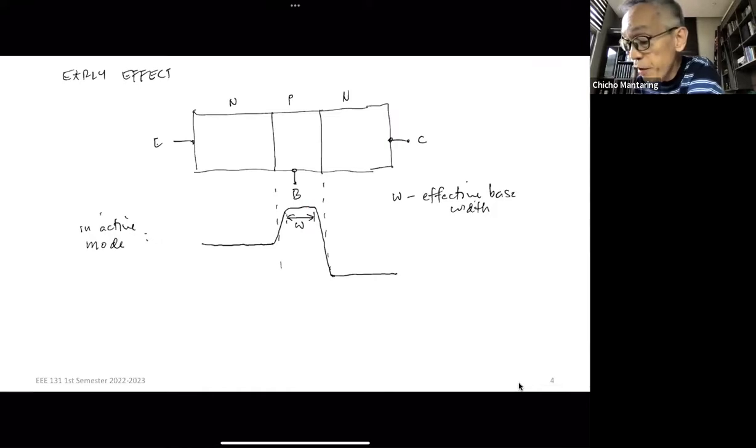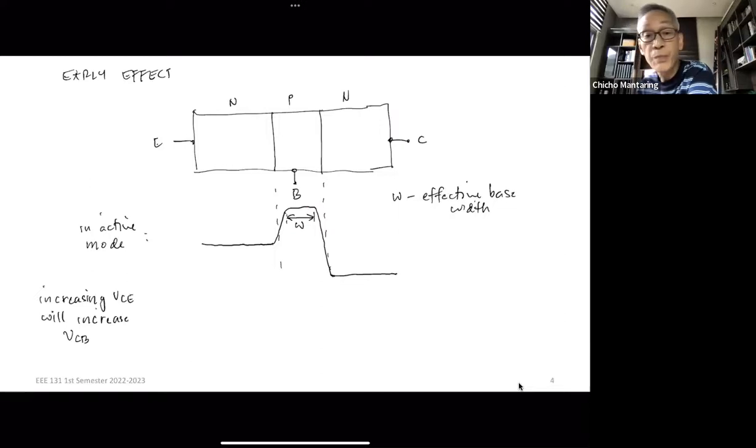If I increase VCE, it will increase VCB. So this is what will happen.